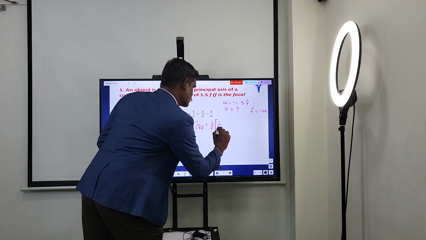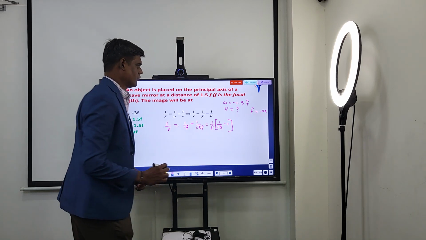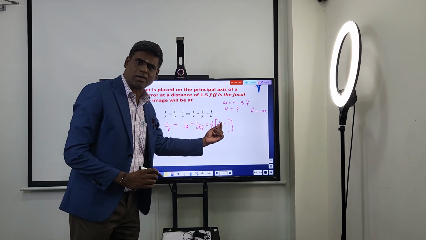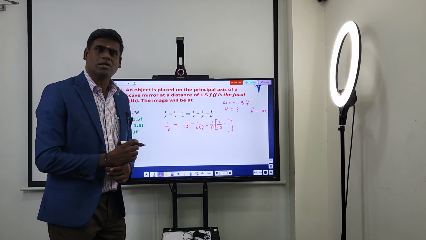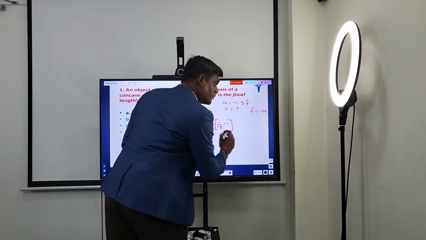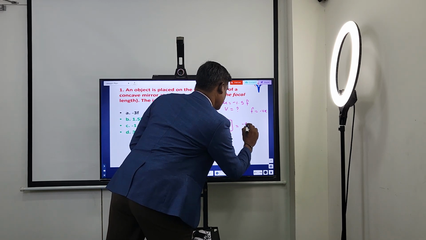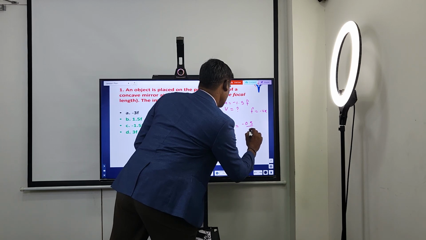To simplify, 1 minus 1.5 whole divided by 1.5. 1 minus 1.5 is minus 0.5. Therefore this is equal to minus 0.5 by f.